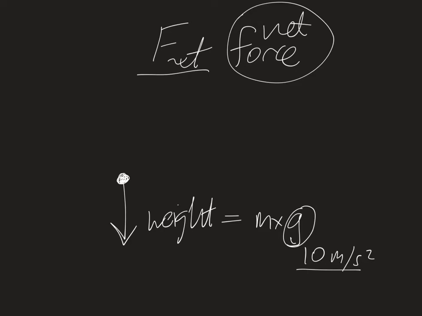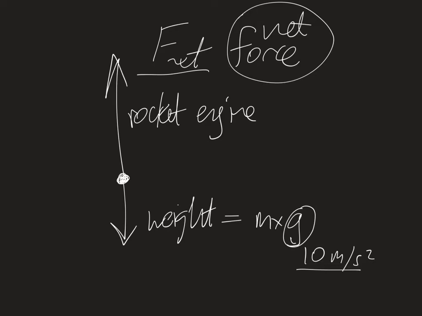Well, what is the upwards force? The upwards force, of course, is the rocket engine. And the difference between these two equals the net force. So you want to give as big a net force as possible, and the reason for that is that net force is related directly to acceleration.